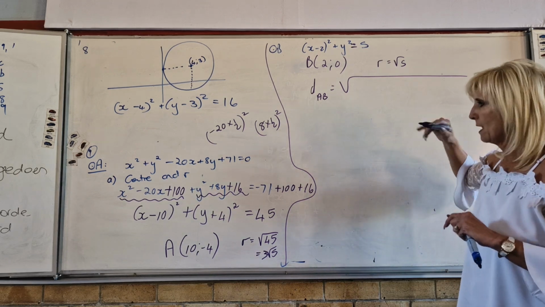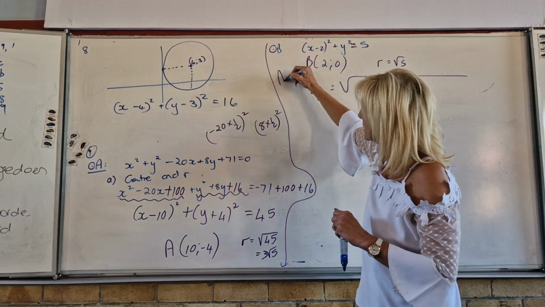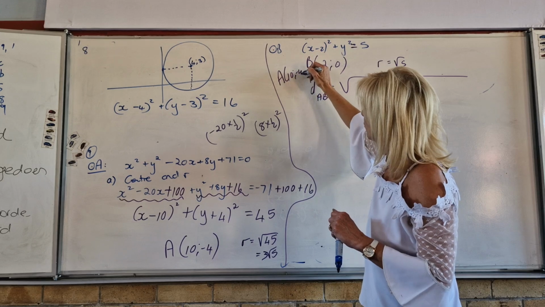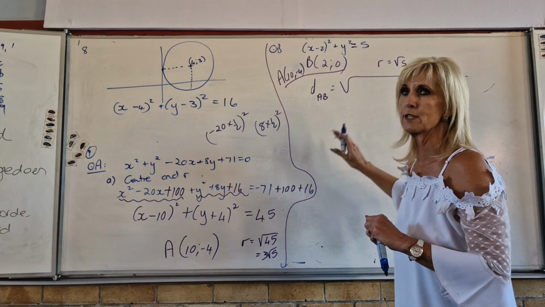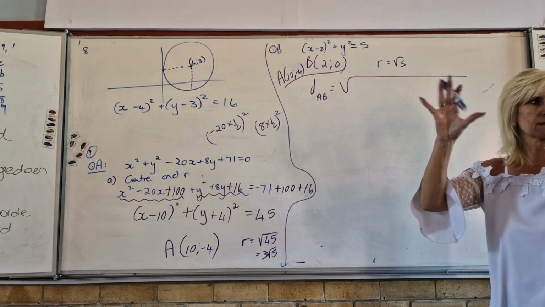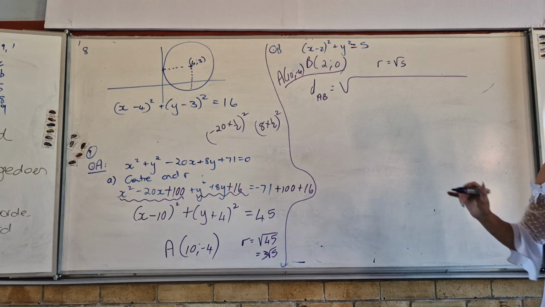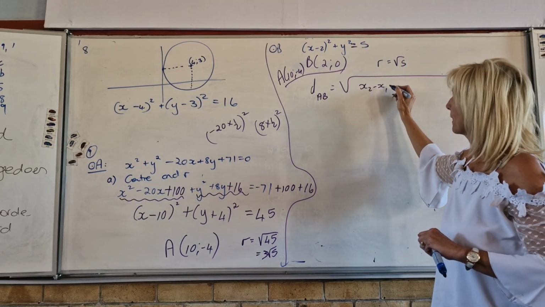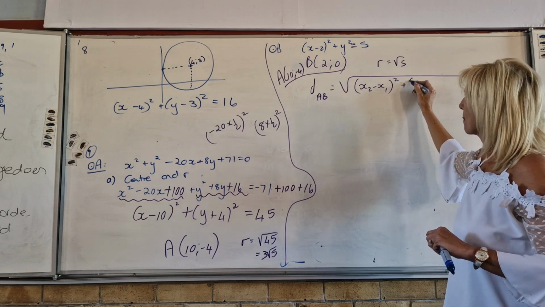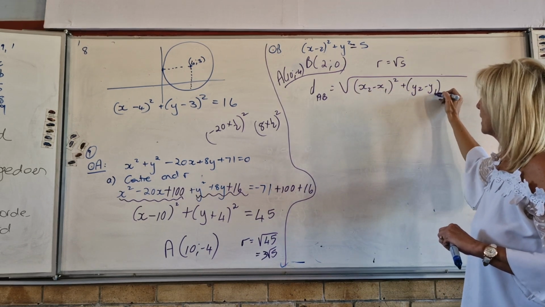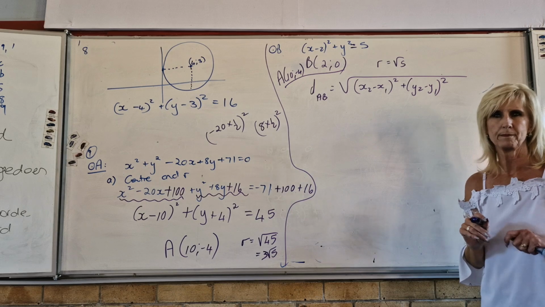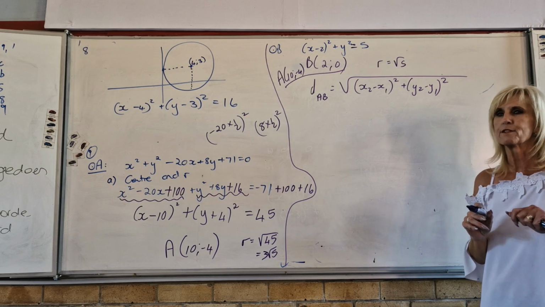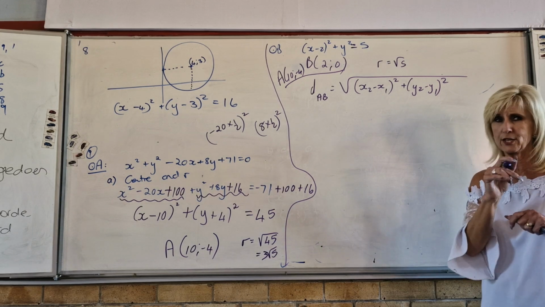So if B, and I always like to do this, I like to write A 10, negative 4 and B together here so that I don't take something where I shouldn't. So the formulas are, and who can still remember where that comes from? Distance formula. It's actually Pythagoras.